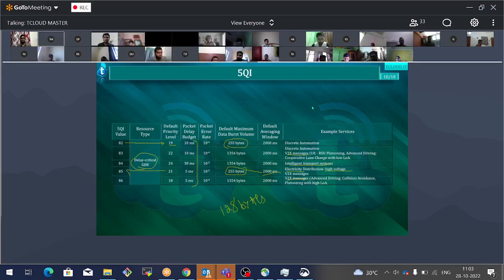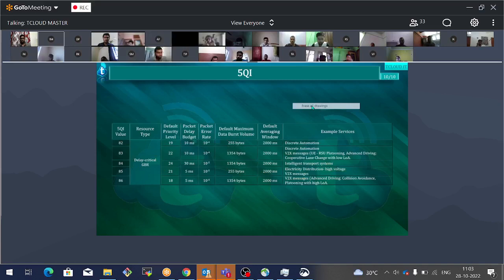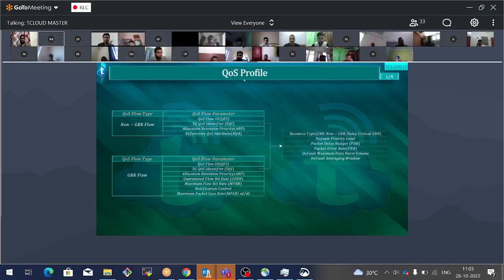Now, to summarize all the points that we have learned so far, every time a QoS profile is sent for a quality of service flow from the SMF to the gNodeB or NG-RAN node, depending on whether it is a non-GBR flow or a GBR flow, you will get the corresponding properties.